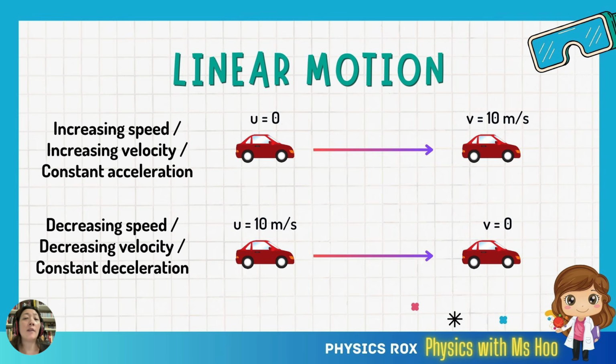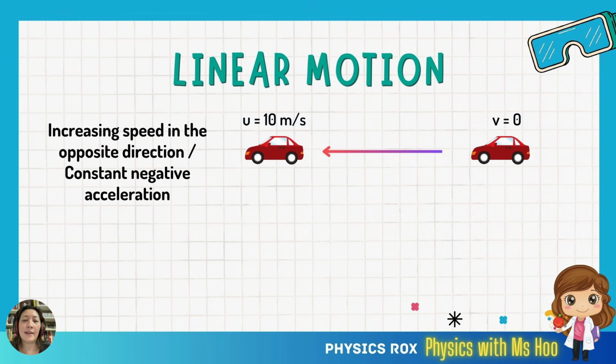If the speed or velocity is decreasing, you can write decreasing speed or decreasing velocity. If this decrease is at a constant rate, then you can write constant deceleration. And finally, if the speed is increasing in the opposite direction, you can write increasing speed in the opposite direction or constant negative acceleration.